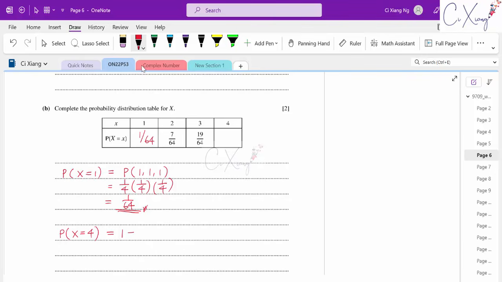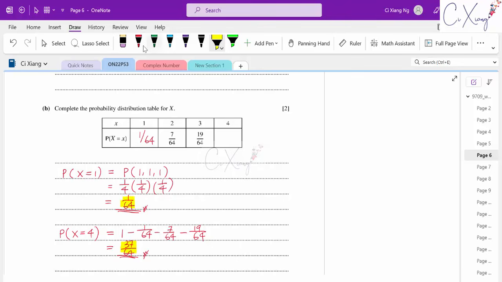So if I take 1 minus 1 over 64 minus 7 over 64 minus 19 over 64, the answer should be 37 over 64. This is the first method. But if you want to use this method, you have to be very sure that the value you get for the probability of x equals 1 is correct. If this value is wrong, definitely your answer for this part will also be wrong.